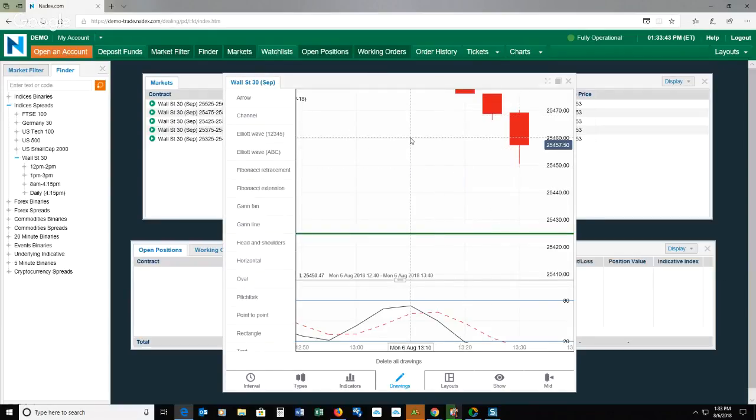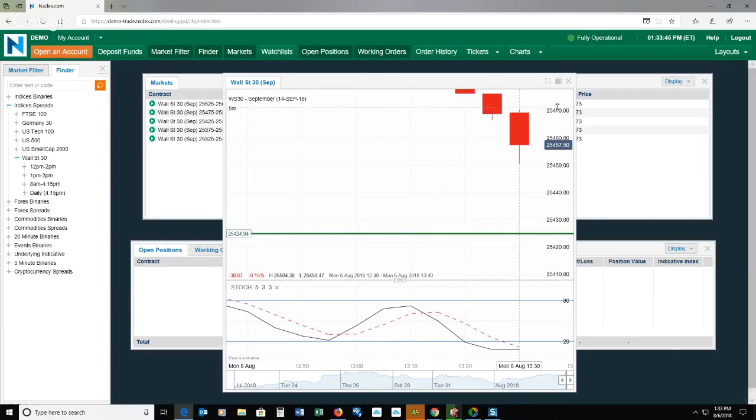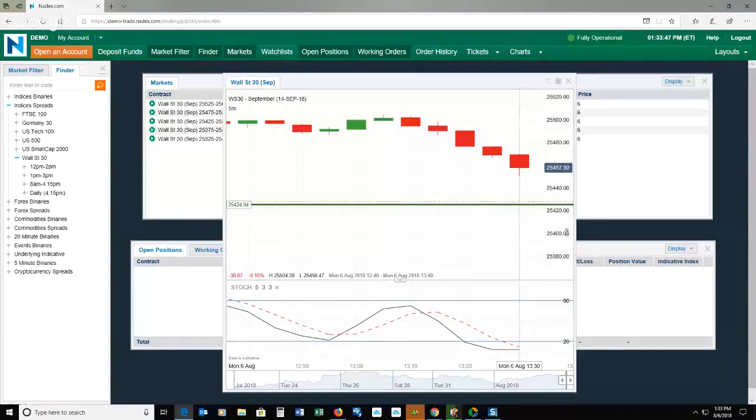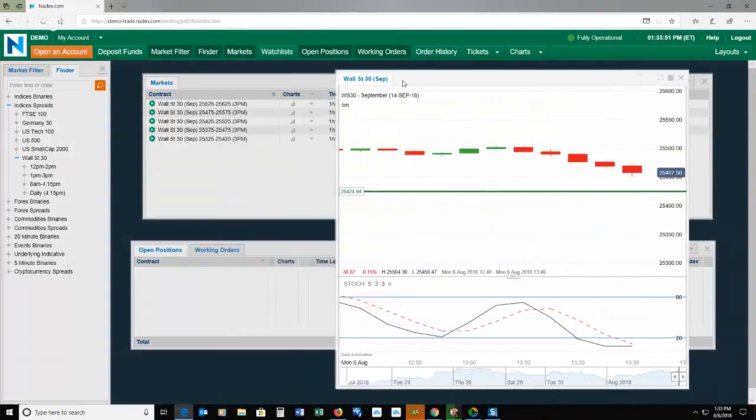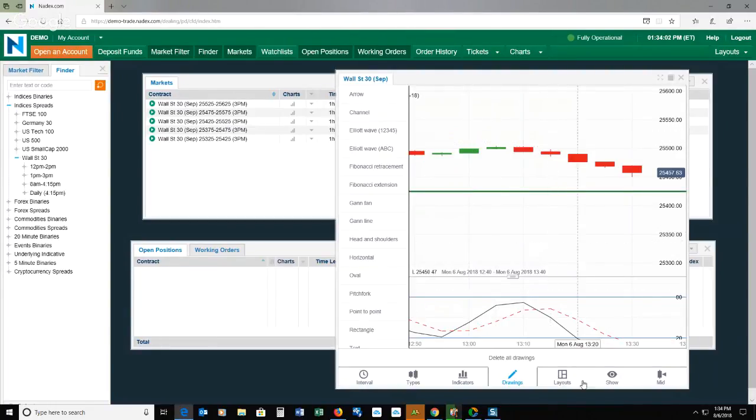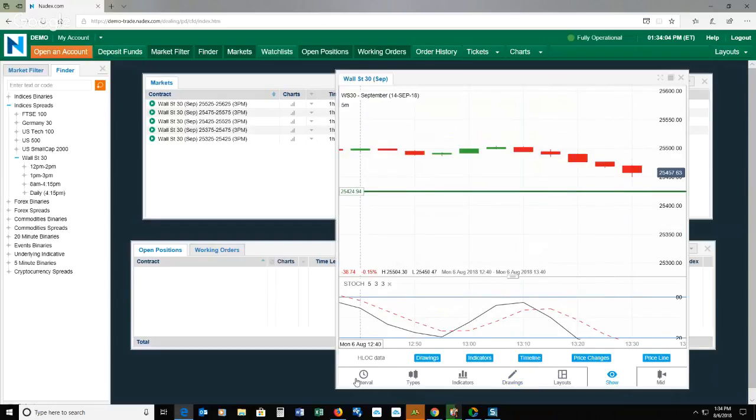So when you're looking at this and you're saying, okay, how do these work? Okay, the floor on that is 425. The ceiling is 25,525, which I'm going to have to put the close back on.